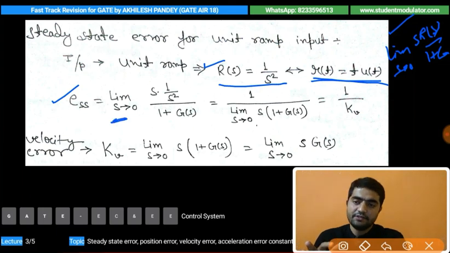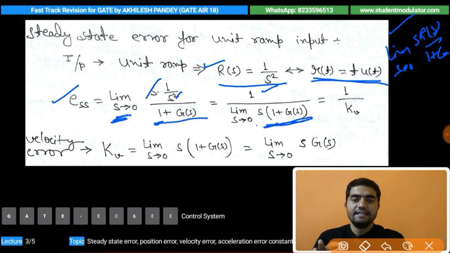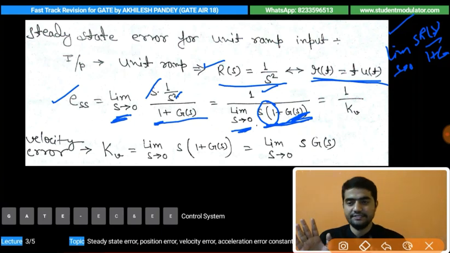Now when we put the limit s tends to 0 here, we can see that easily one s and one s will cancel out, the numerator will be 1, but in the denominator s will be multiplied with the entire system, so the entire system will be a variable of s. So this will be limit s tends to 0 of s into 1 plus Gs. Further if we put s equals 0, then the first part will automatically become 0, so we will remain with only Gs, that is limit s tends to 0 of s into Gs.